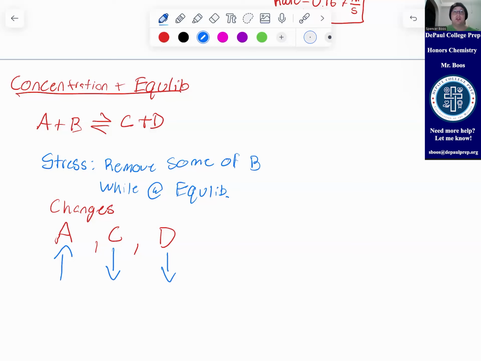That's how we can determine the change. It also works if you take away the other product or the other reactant, or you add or remove a reactant. It works in a very similar way. So here, there would be a shift to the left.